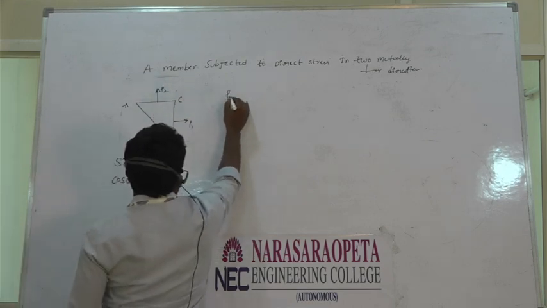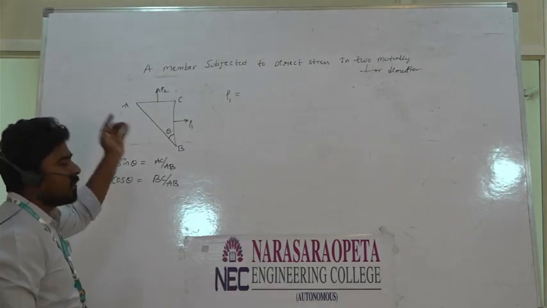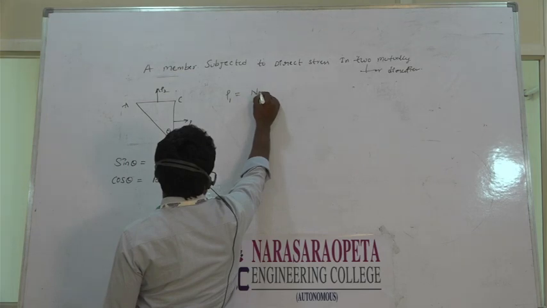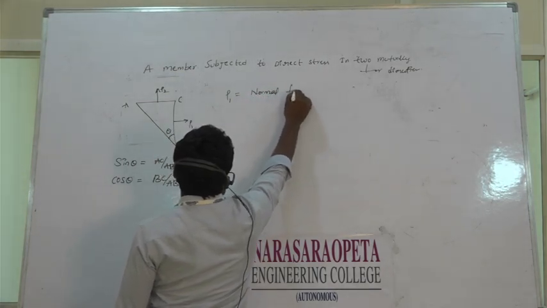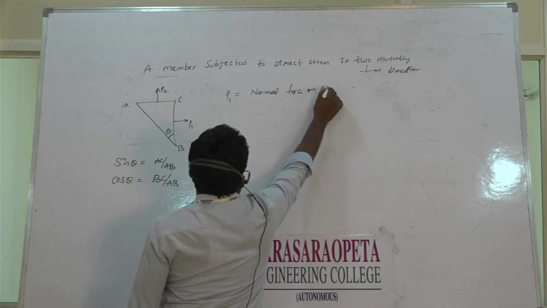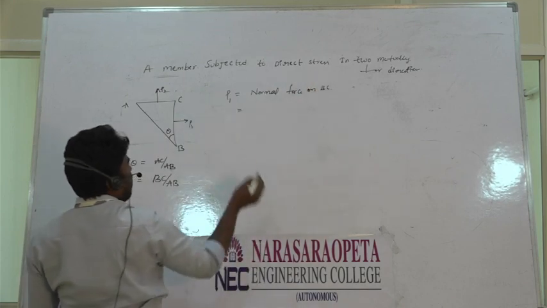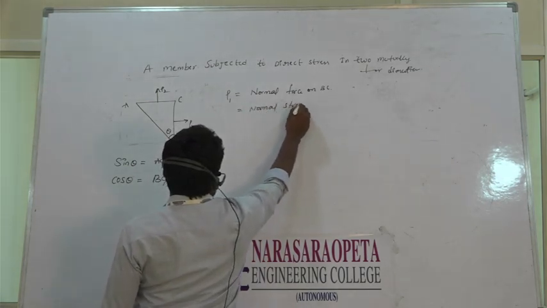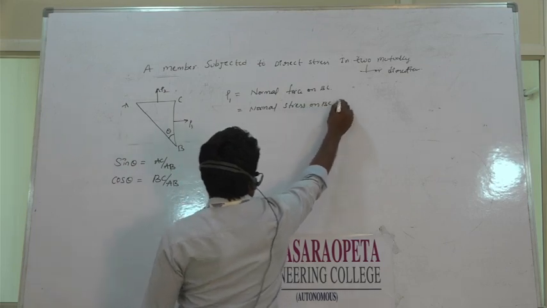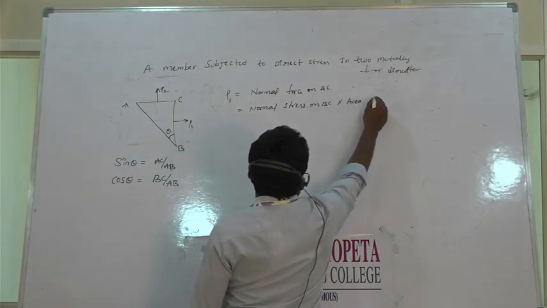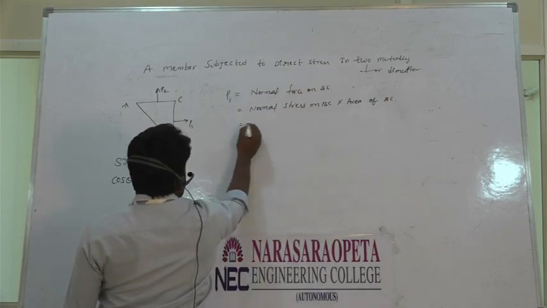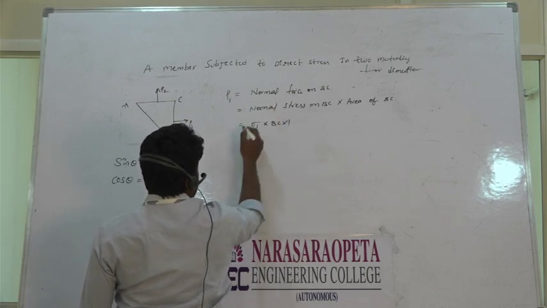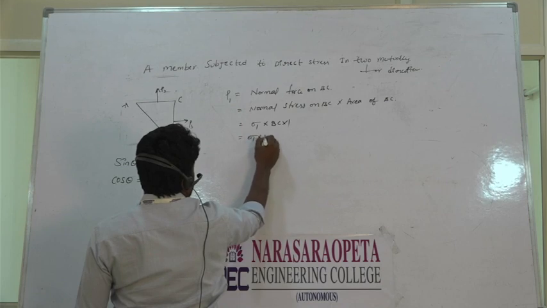P1 equal to normal force on BC, which is normal stress on BC into area of BC. Normal stress represents sigma 1, into area BC into 1. So finally sigma 1 into BC.